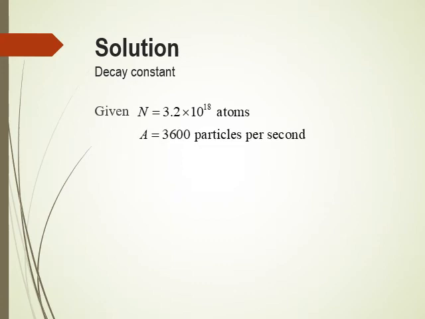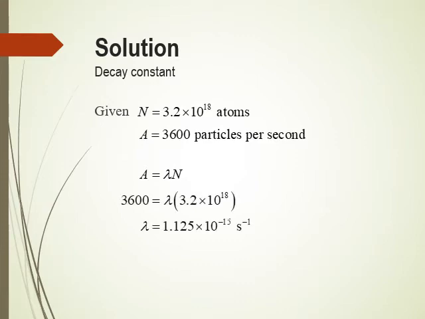Therefore, you can determine the decay constant by applying the equation A equals lambda N. Substitute the values into the equation. Lambda is equal to 1.125 times 10 to the power of negative 15 per second. The unit is per second because A given is in terms of seconds.